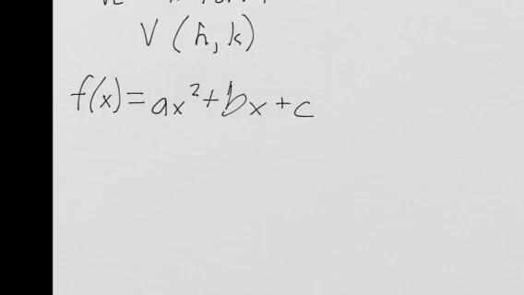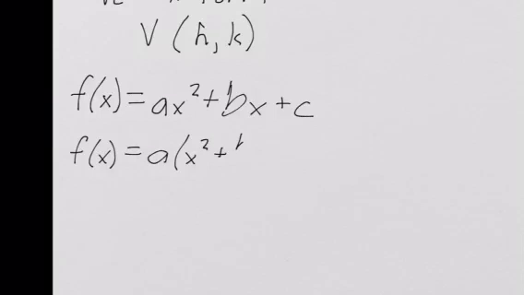The first thing we're going to do is leave c alone, but factor a out of the first two terms. So we get f of x is equal to a times x squared plus b over a times x, plus c.